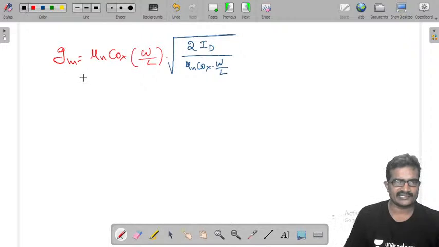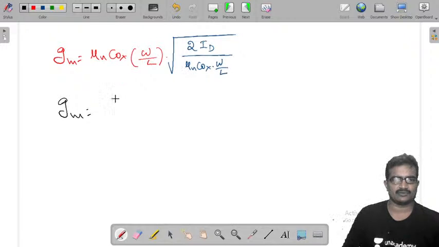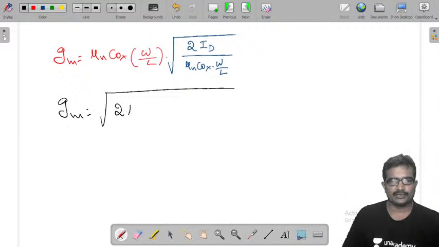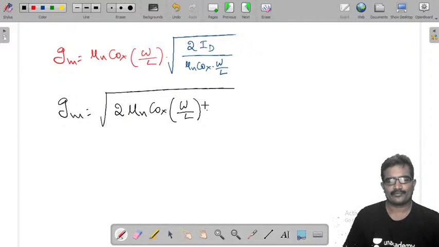So by simplifying this, gm is square root of 2 into mu n COX into W by L into ID. That's it. That is the gm value.